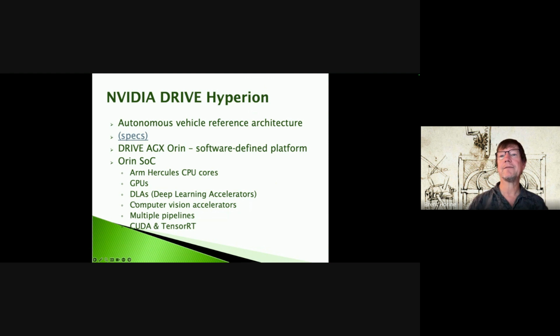Then they also have computer vision accelerators dedicated to computer vision. And all of these are packaged up with multiple pipelines, right? So there'll be multiple ones of these, so you can run different workloads all in parallel, not just parallel processing at a granular level, and still be accelerating them.